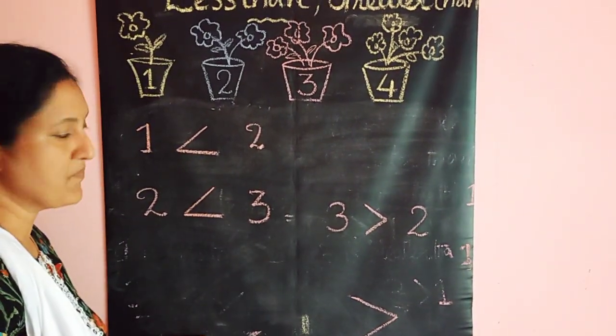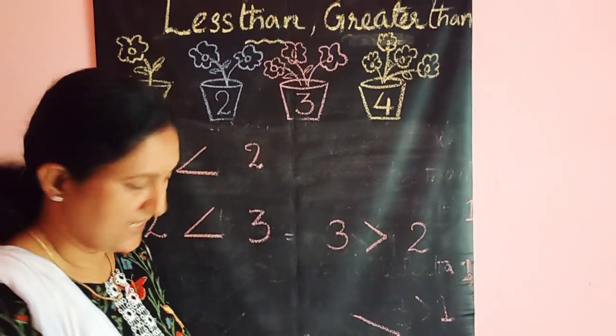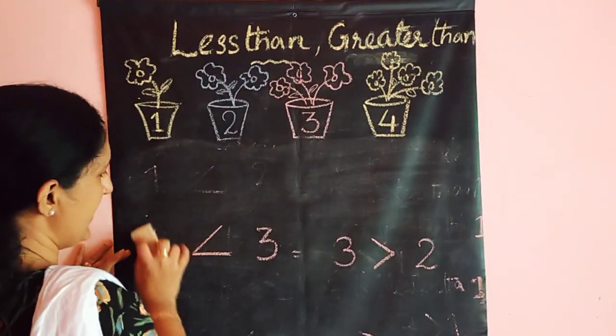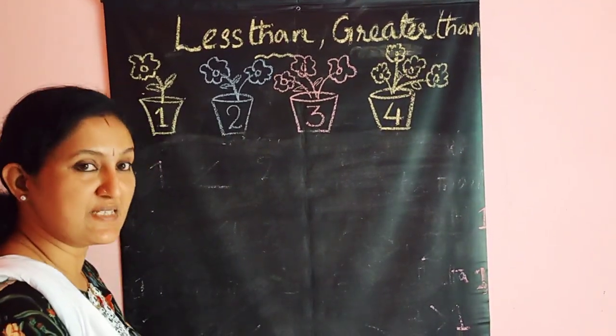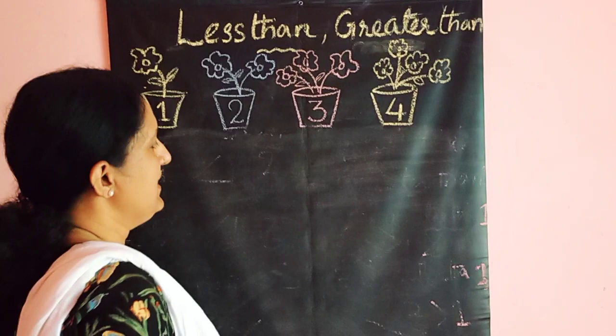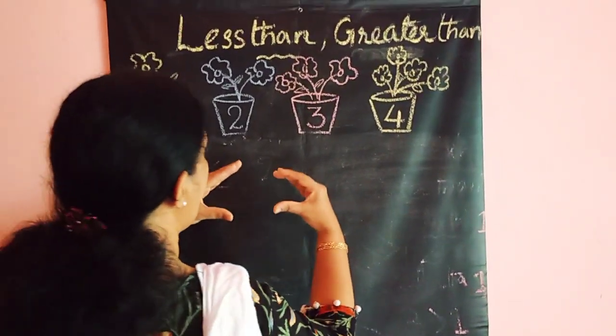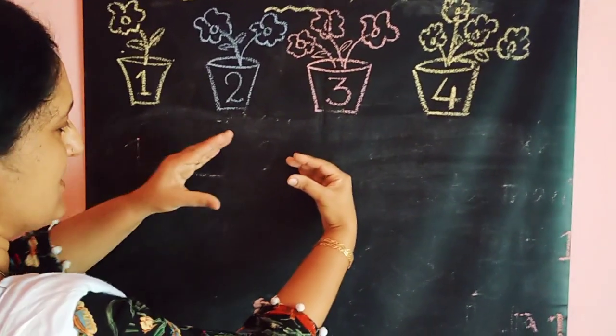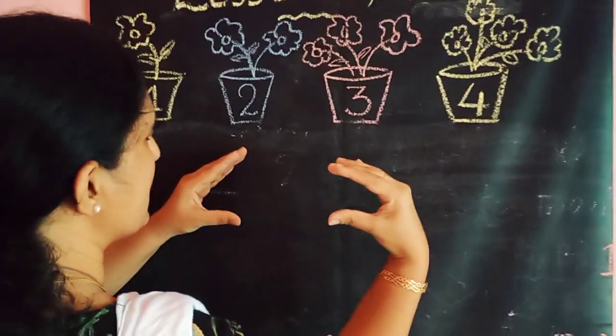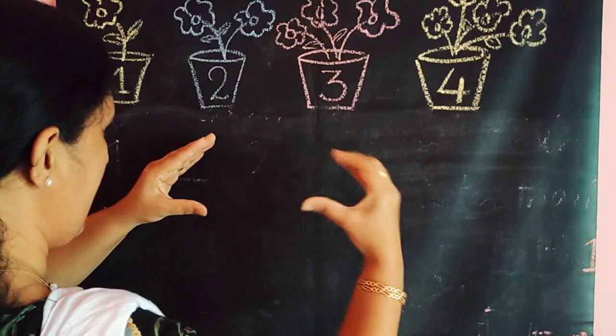Is it clear? Okay. Now I will give one trick to identify these two symbols, the less than symbol and the greater than symbol. All of you hold your hands like this. This is your left hand and this is your right hand. We write with our right hand normally.